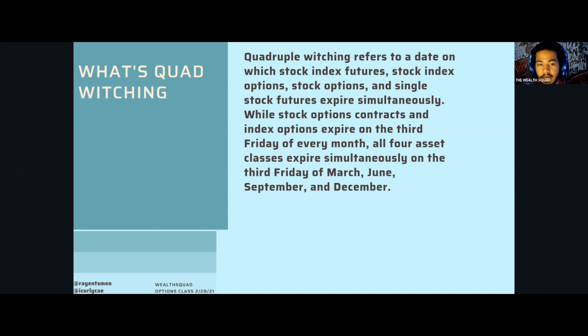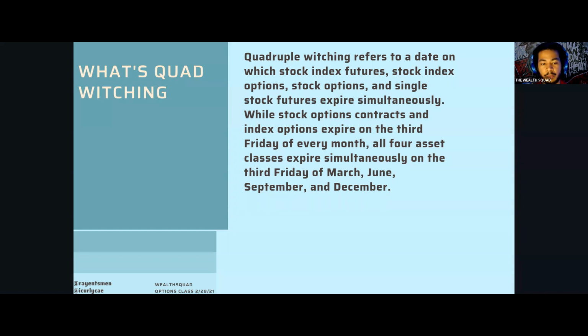While stock option contracts and index options expire on the third Friday of every month, those are your monthly contracts usually, all four asset classes expire simultaneously on the third Friday of March, June, September, and December. So those are your quad witching months, basically.